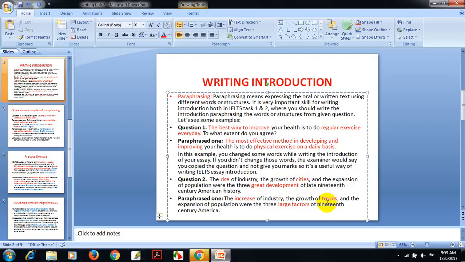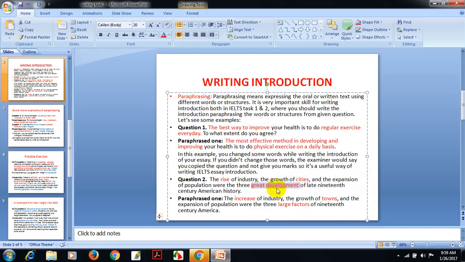That's also a skill. And the expansion of population were the three great developments. Instead of great developments, you can say large factors, or large improvements, or large achievements of 19th century America.